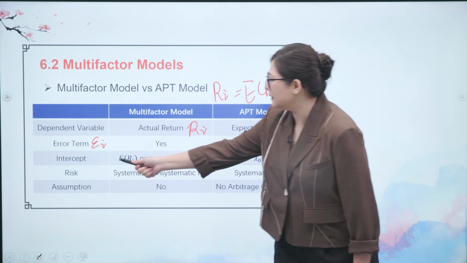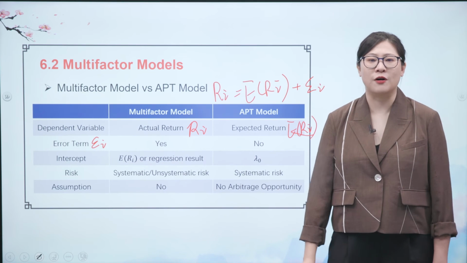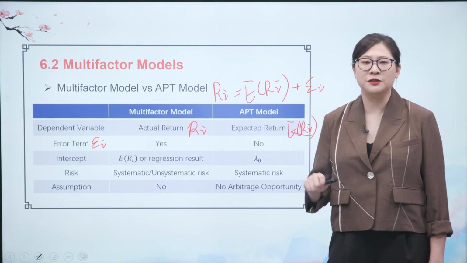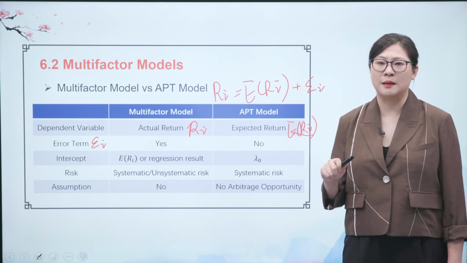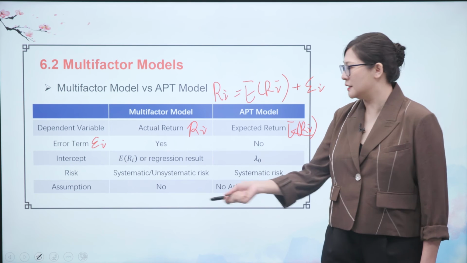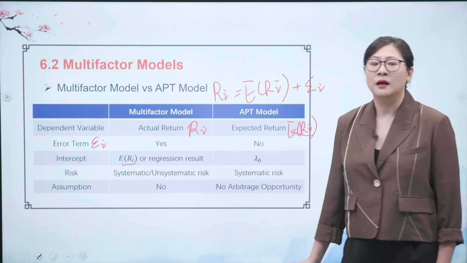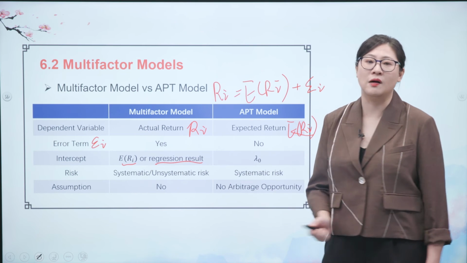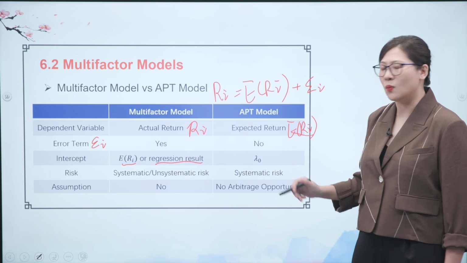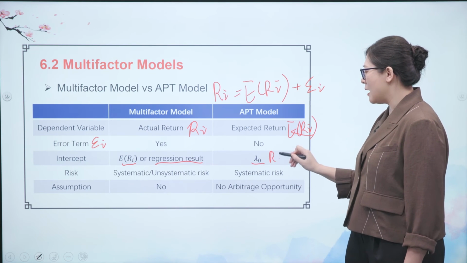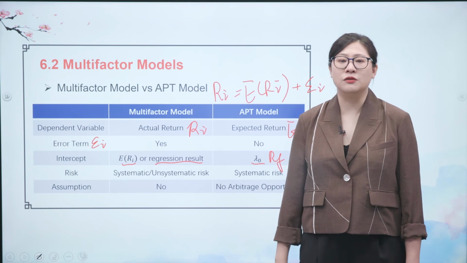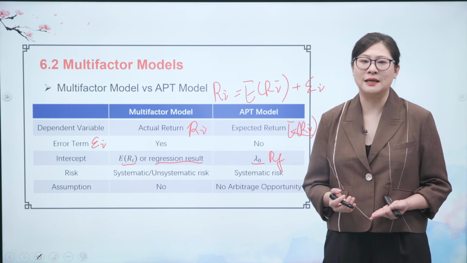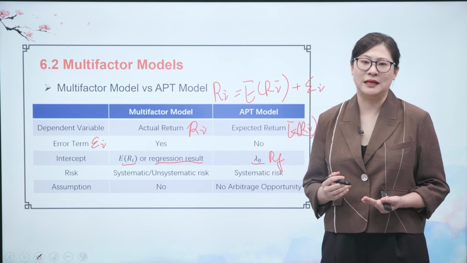Okay, the next one is the intercept for these two models. For the multi-factor models, the intercept for the macroeconomic model is ER_i, and for the fundamental factor model it is your regression result. And for the APT model, we have lambda_0 or R_F. As for risk, the multi-factor model includes systematic risk and unsystematic risk.